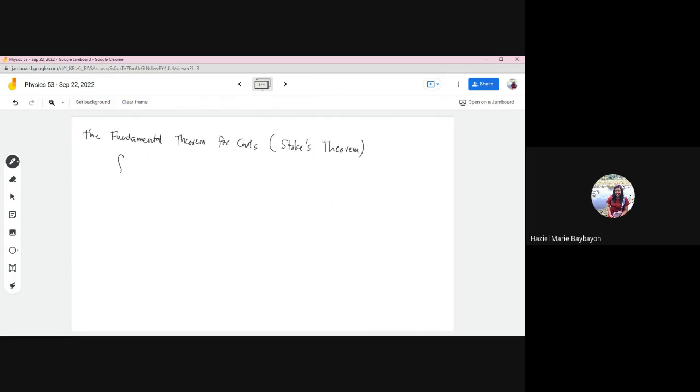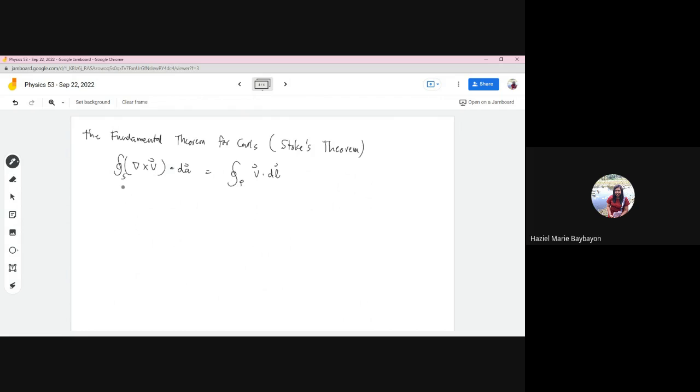Okay, so if you have the surface integral of a curl over some surface, this is just equal to the line integral of v dot dl. So this one is relating a surface integral to a line integral.